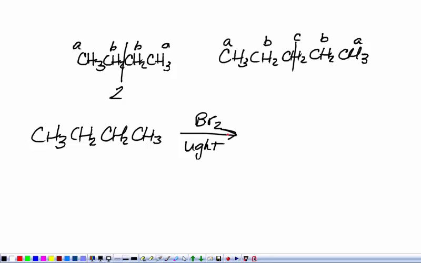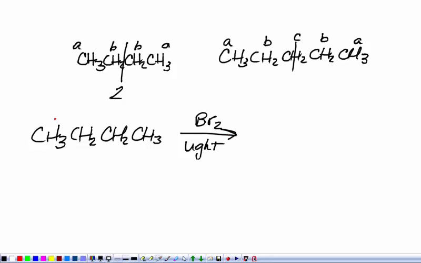Replace the third hydrogen with a bromine, name the compound. I'm replacing one at a time. So I'm replacing the first hydrogen with a bromine, naming it: 1-bromobutane. If I replace the other hydrogen with a bromine, I get 1-bromobutane. If I replace the third hydrogen, 1-bromobutane.